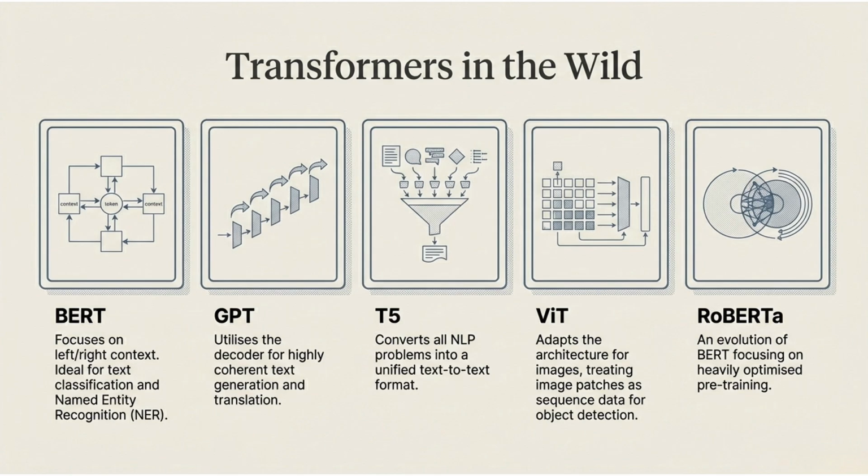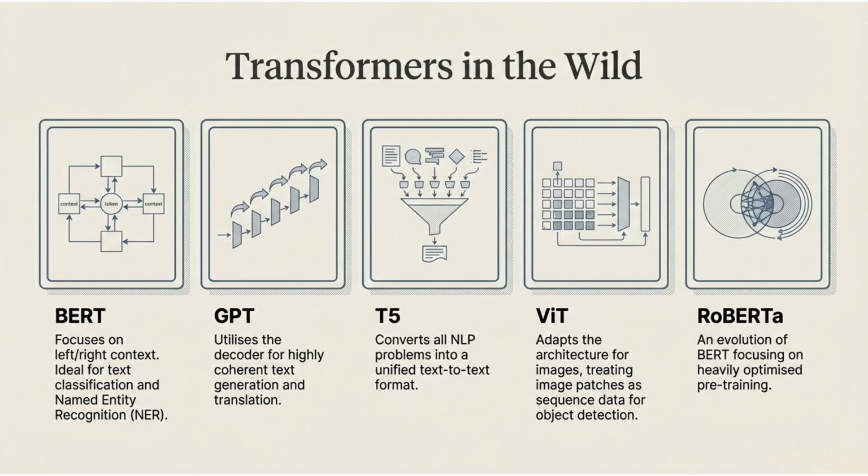Several well-known transformer models are widely used in real-world applications. BERT focuses on understanding context from both directions in a sentence and is useful for classification and entity recognition. GPT models use a decoder architecture and are designed for generating coherent text.